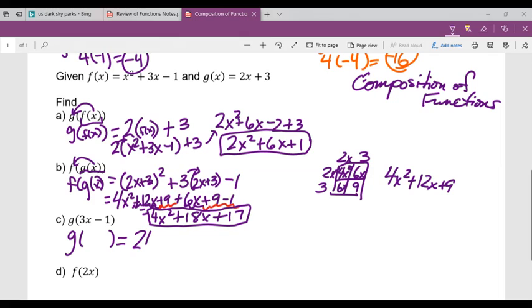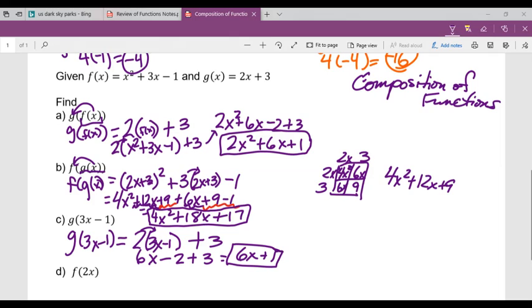So everywhere x is, put a parentheses, and I'm filling in 3x minus 1. So I'm going to distribute. I get 6x minus 2 plus 3 equals 6x plus 1. There's your final answer.